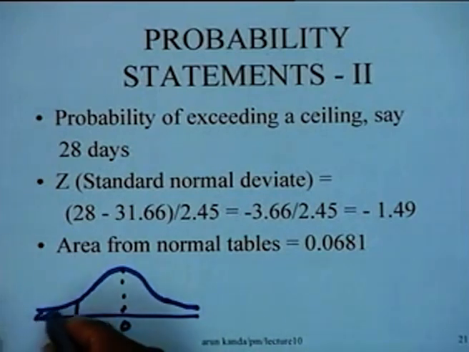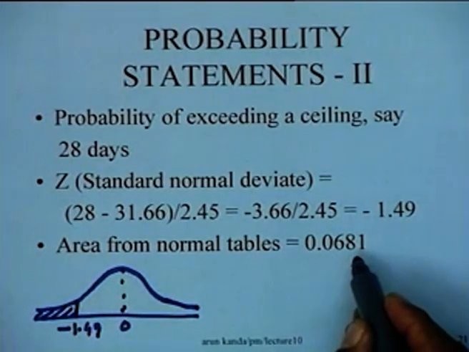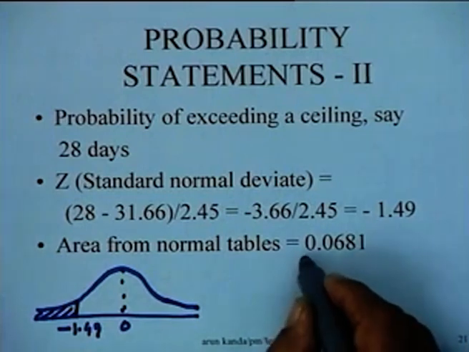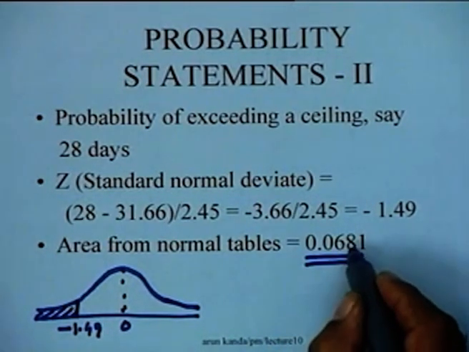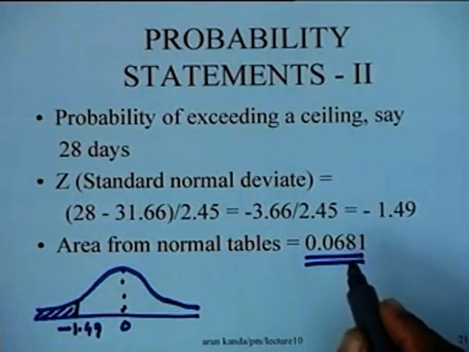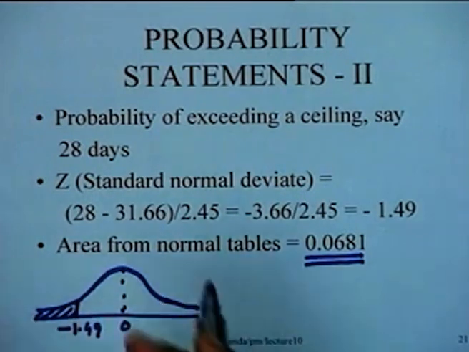We are actually looking for this area to the left of minus 1.49, which is barely 6%, 6.81% of the entire area. So corresponding to this, this is the probability that this is less than this. You see, you can work out both.